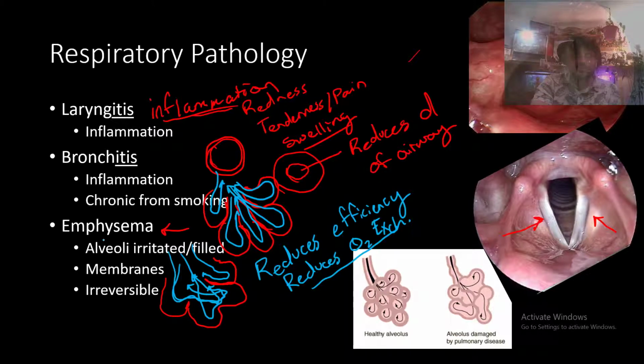So the sooner you quit smoking, the more alveoli you save. So you can't save the ones you done killed with your tar, but you can save the ones who haven't filled up yet. So quit your smoking.